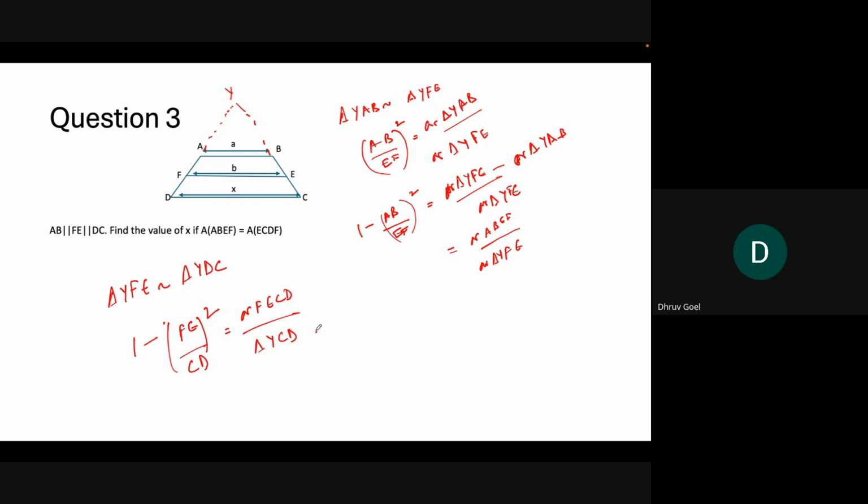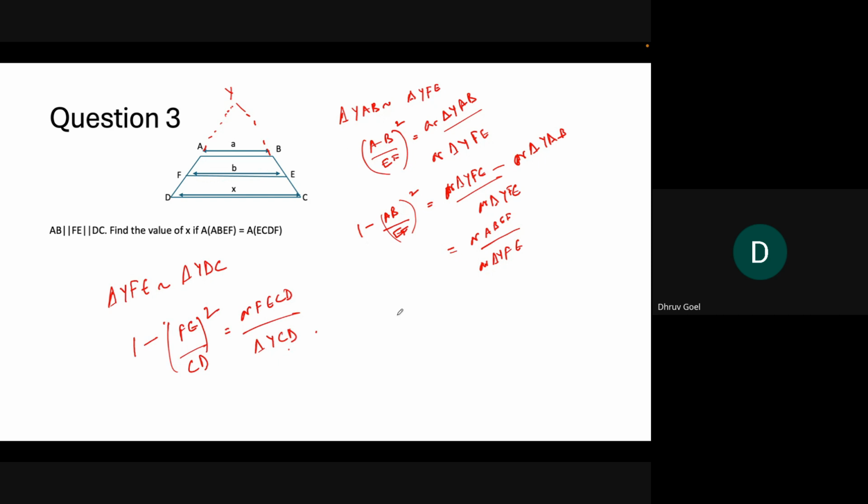Now, the only problem that lies for me is that I don't have the YFE and YCD concept here. So let's try to do one thing. Instead of taking YAB by YFE, let's take YAB upon YCD.